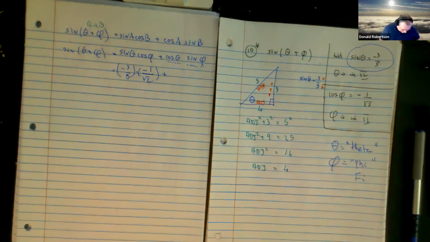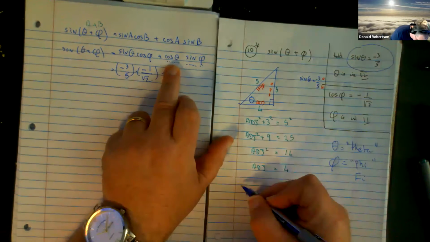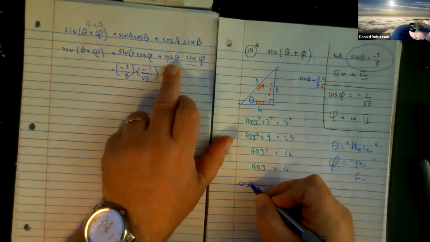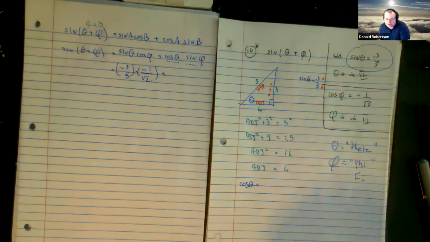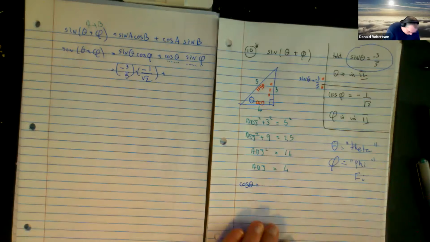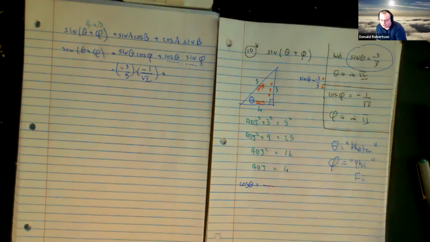Right. Now, all of that work was for one job, to find out what the cosine of theta is. Let's get the cobwebs cleaned out of the brain now. What's the formula using SOHCAHTOA for the cosine?